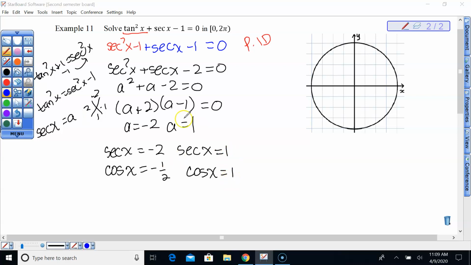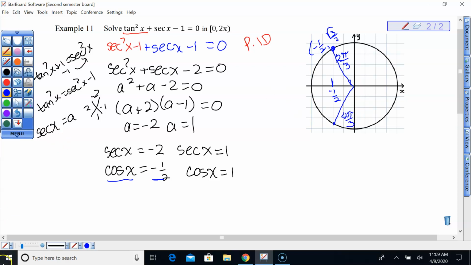Then go to your unit circle here to cosine x, which is your x coordinate, is negative 1/2. That would be here. So that would be this point up here where x is negative 1/2, square root of 3 over 2, and then down here. All right, so that would be 2 pi over 3 and 4 pi over 3.